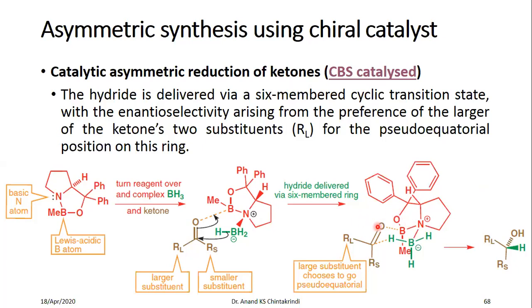Now, what is the enantioselectivity? The ketone is complexing with this boron in such a way that the smaller alkyl group is at this position, and the larger group prefers the equatorial position, away from this boron.